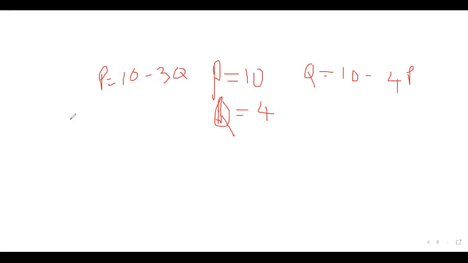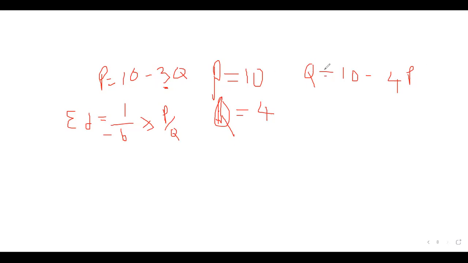According to elasticity, if p is subject of formula, the formula is 1 over negative b times price over quantity. This b is simply the number that comes before the q, the gradient, right? So our b is negative 3.